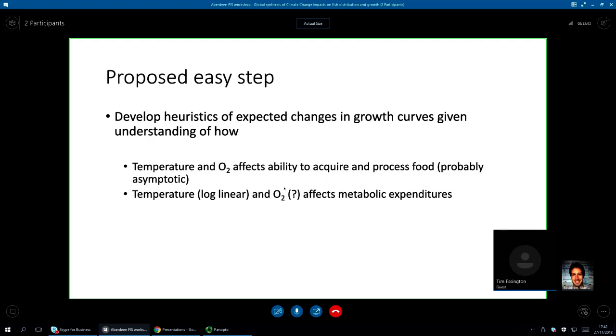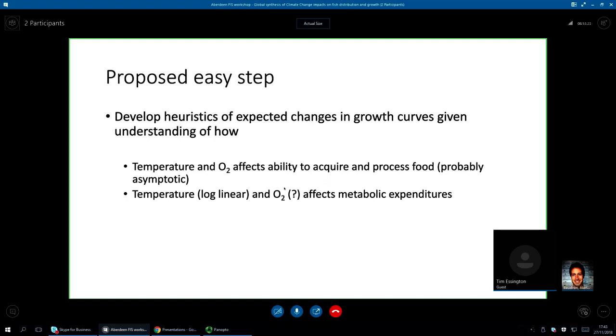Combining that with our information of how these basic processes are affected by temperature and oxygen, coming up with heuristics, rules of thumb, to say these are the contexts where we expect temperature changes to cause particularly large changes in growth, relatively minor changes in growth, and when are they not?